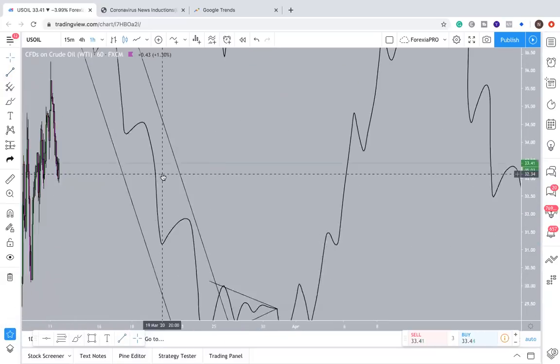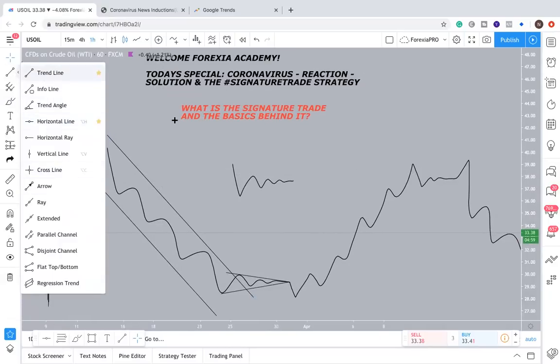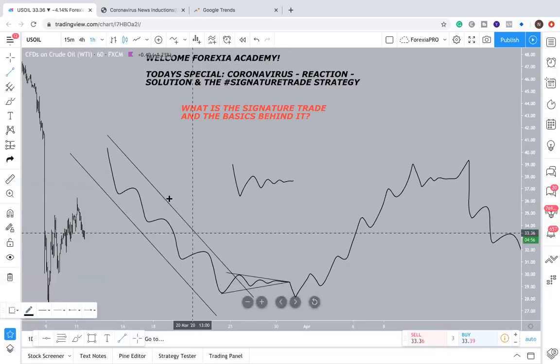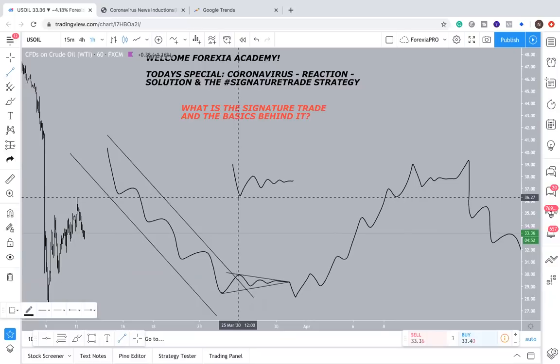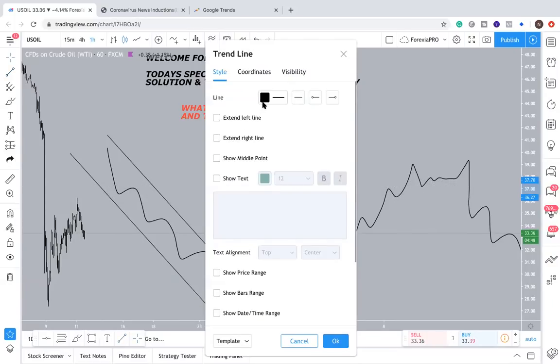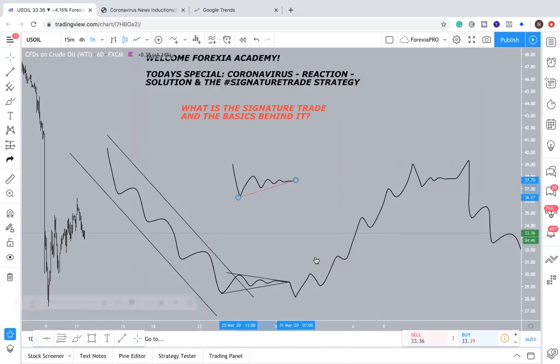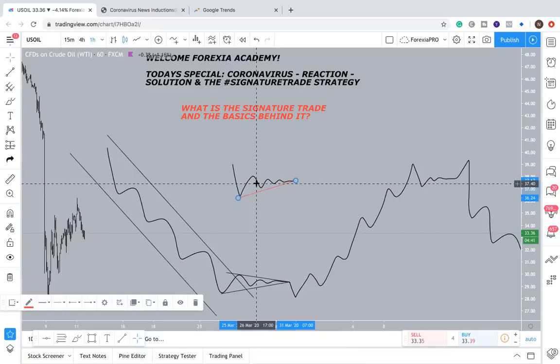Signature trade is basically a wedge pattern where price creates its high or low. In this case, it creates the low, and then it creates that defined wedge, where basically the wedge in this case is a problem. Why?